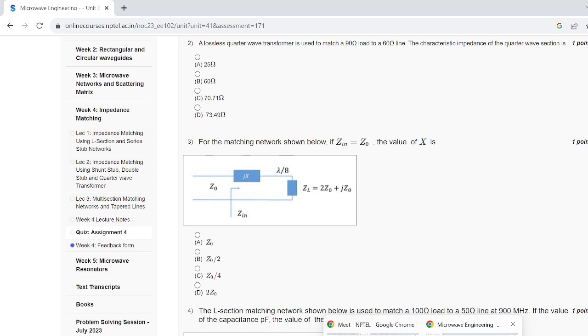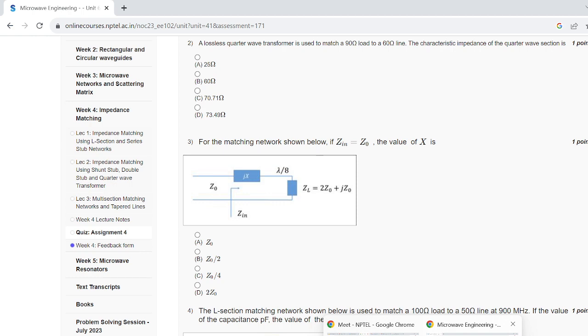If you want Zin to be Z0, then ultimately you find Zin, equate it to Z0, and use the transformation equation of Zin, considering the length of the line, and you can find it out.